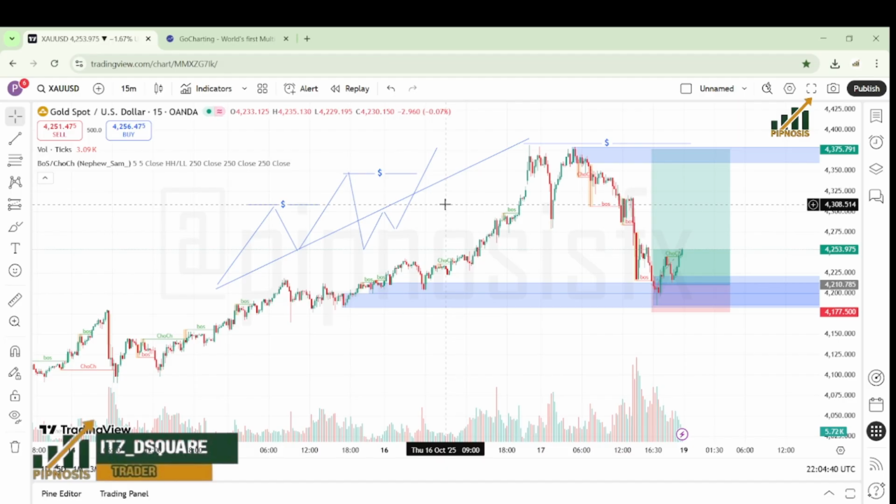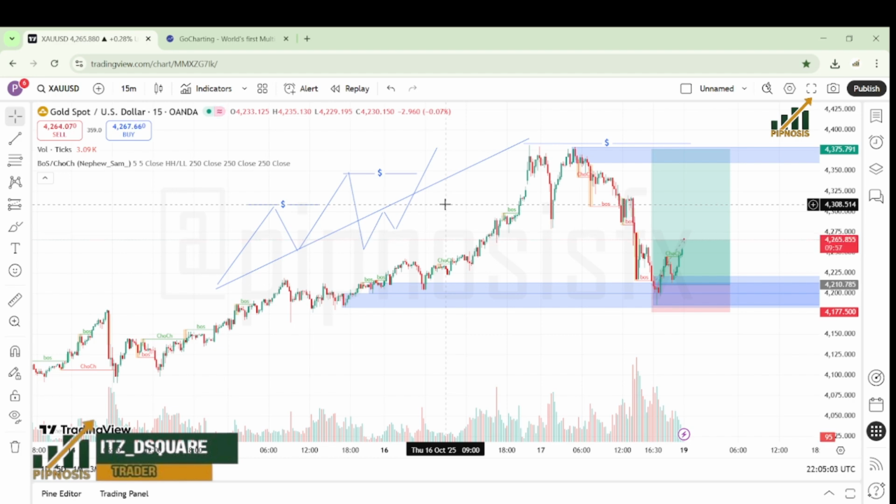You understand? It will have to take your money as the liquidity. So your strategy has to give you the ability to spot where liquidity lies, so you can trade on the right side.